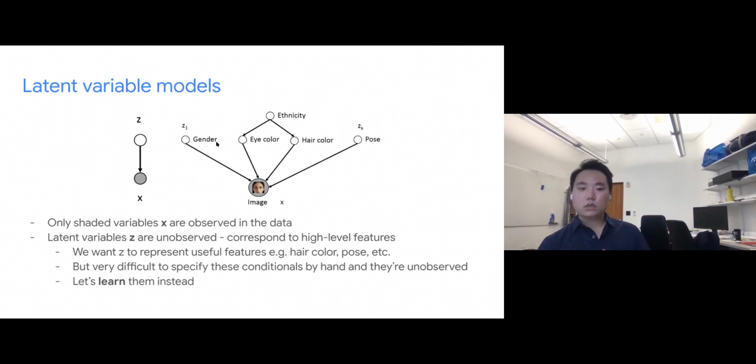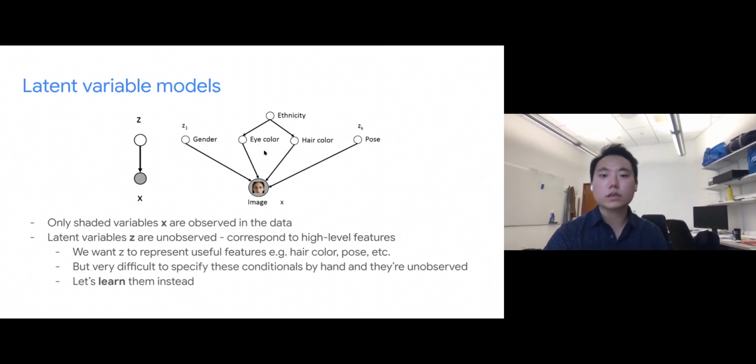This would be ideal. But of course, in the real world, you don't have that much domain knowledge. Sometimes it's really difficult to specify all these conditionals by hand. And they're usually unobserved. Usually you're just given a bunch of images without labels for the people's gender, eye color and hair color appearing within these images.